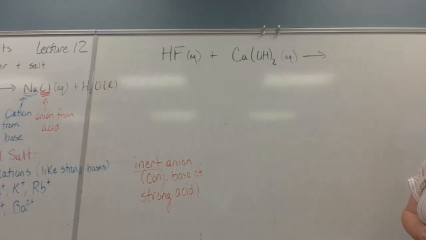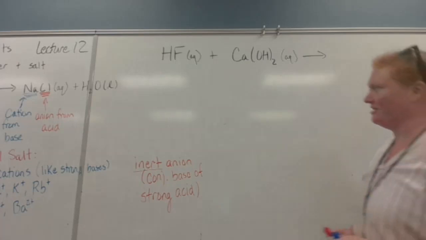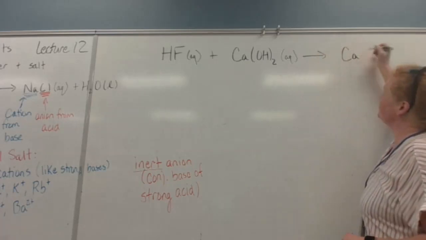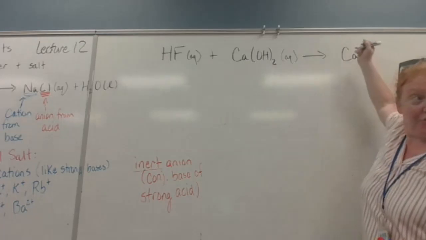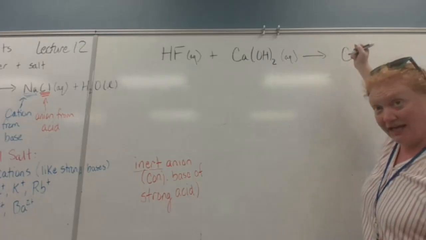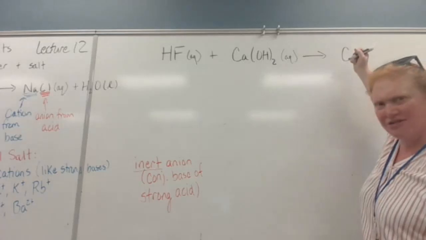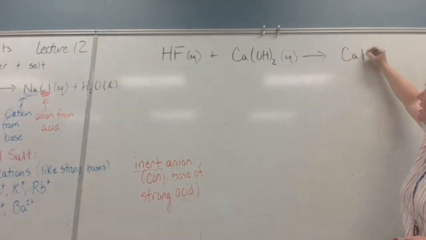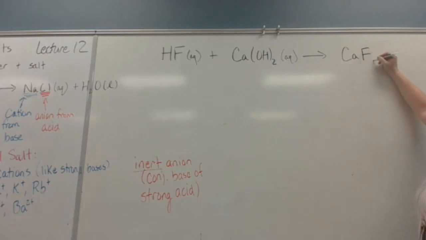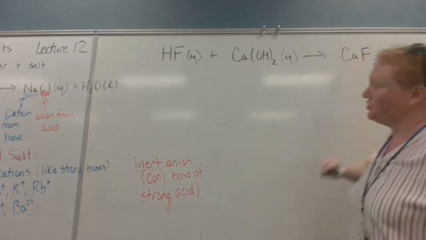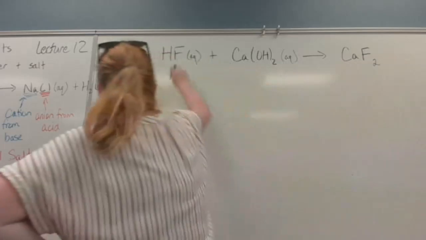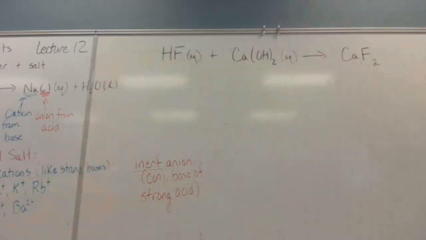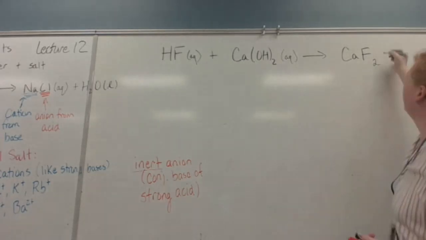How do you know the Ca is what goes first? Well, that's your metal. Calcium is your cation. Cations always go first. Calcium, F2. Why 2? Because F is -1 and Ca is +2. And so when you put it together, that's your new formula.